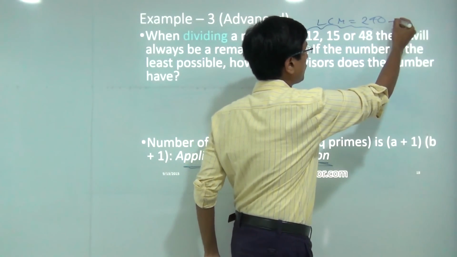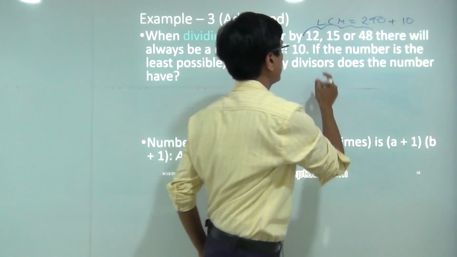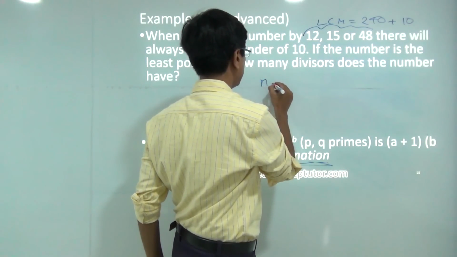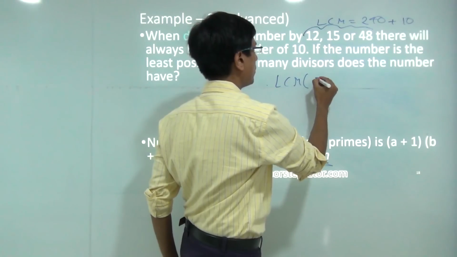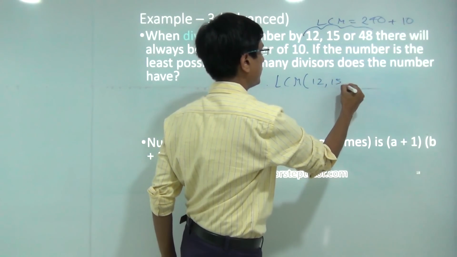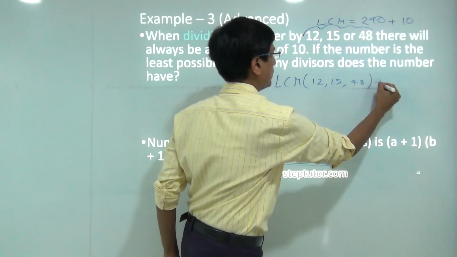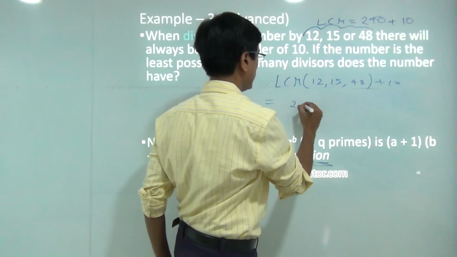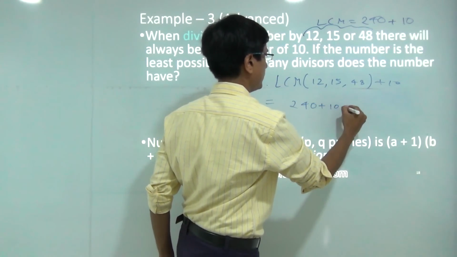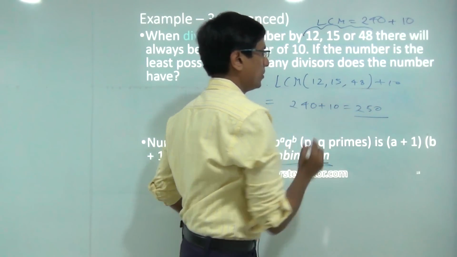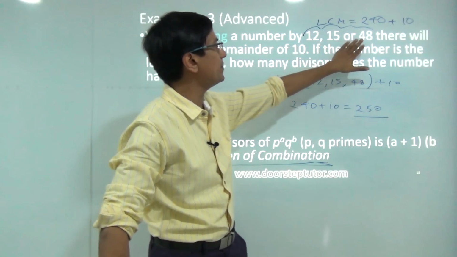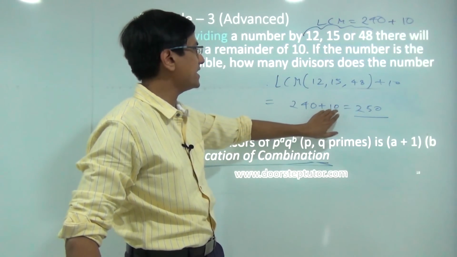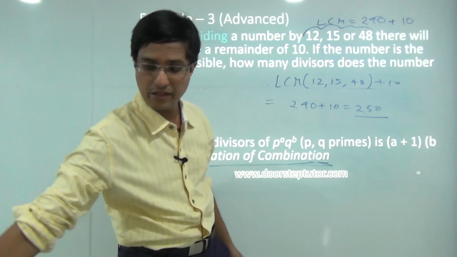So my number is LCM of 12, 15, 48 plus 10, which is equal to 240 plus 10, which is equal to 250. So 250 is the number which, when divided by 12, 15 and 48, would in each case leave a remainder of 10.